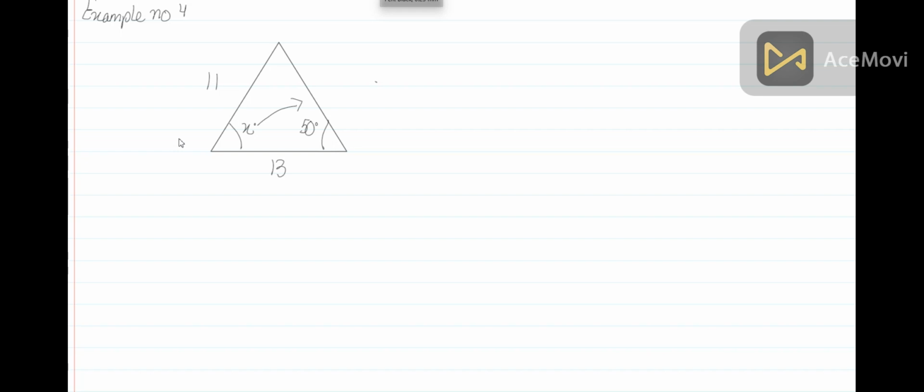So there is another way, and that other way is, if you find out this angle, and then you add these two angles, and then subtract from 180 degrees, you will get the angle x.